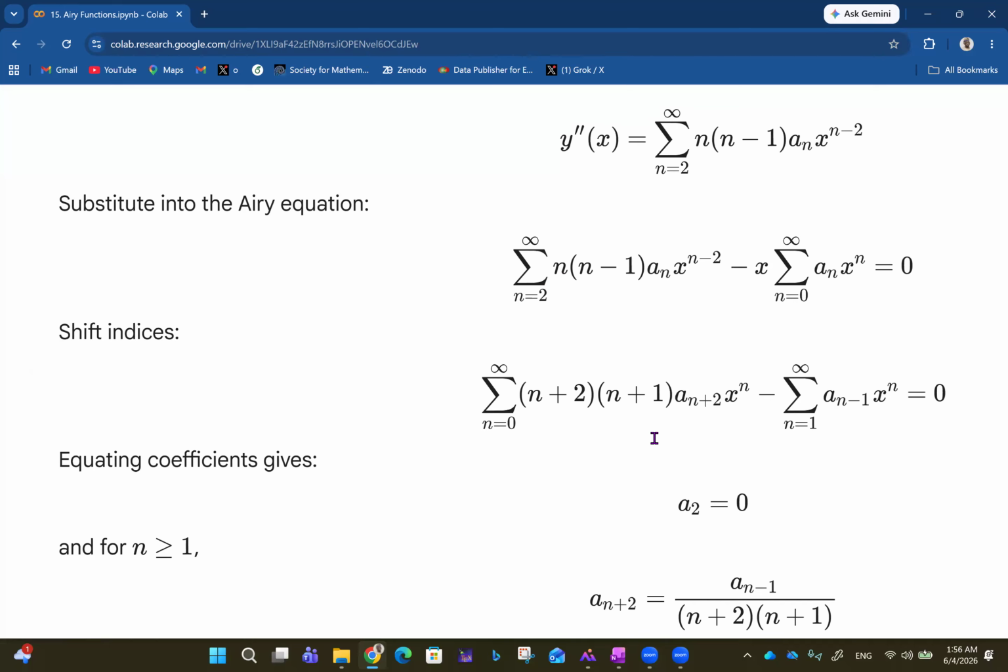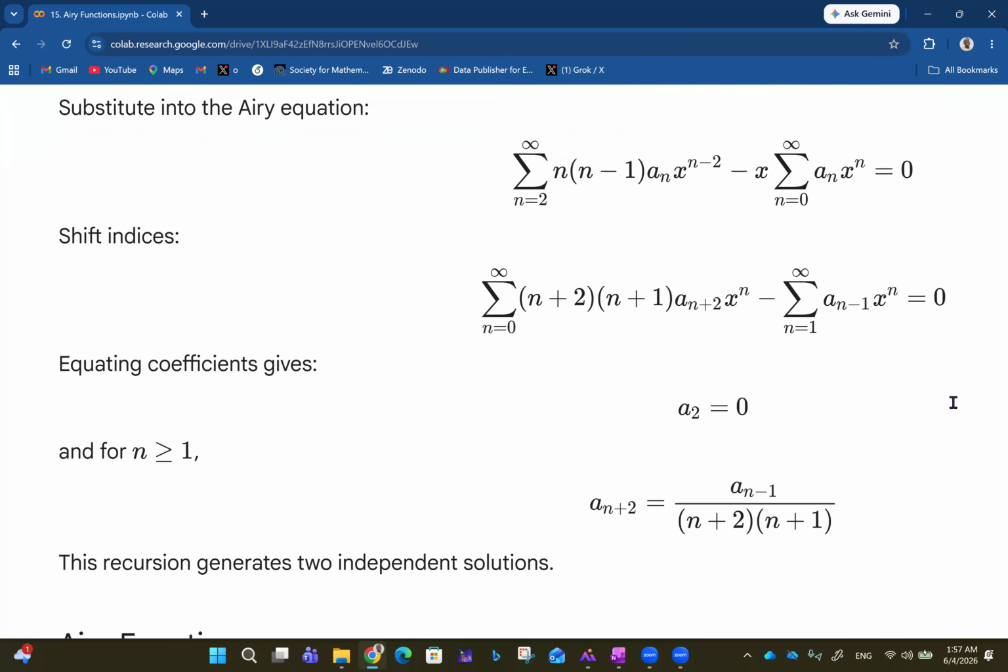Then you have a sub n plus 2, with x raised to power n. Then for the other term, x multiplies this, so you shift it by 1, and you have the summation from n equals 1 to infinity of a sub n minus 1 x raised to power n, and that is equal to 0.